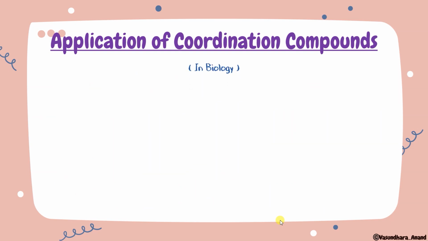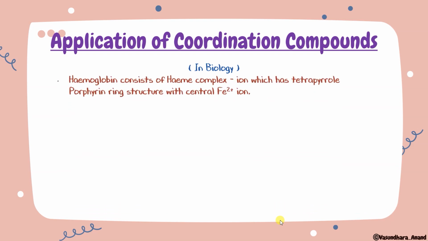Some other coordination compound applications are in biology. Hemoglobin: we know that hemoglobin consists of the heme complex, a tetrapyrrole porphyrin ring structure with central Fe2+ ion. For biology you are supposed to know the tetrapyrrole porphyrin ring, but for chemistry you have to learn that it is a coordination complex of Fe2+.